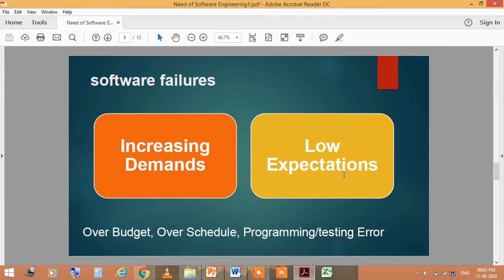These are the two criteria where software fails, because if the demand is increasing, it means we put a load on that software which it is not capable of holding. So of course it might be a problem.